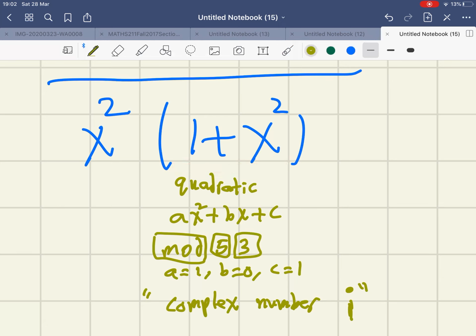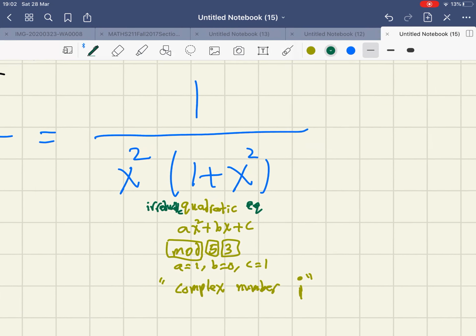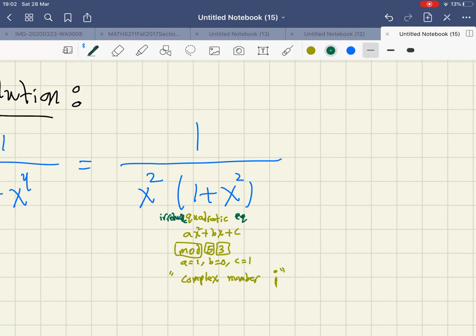If we cannot factor it because we get a complex number, usually we call it an irreducible quadratic. So I hope that's clear for everybody. And that's how we know if we can factor or not. We use mode 5, 3.